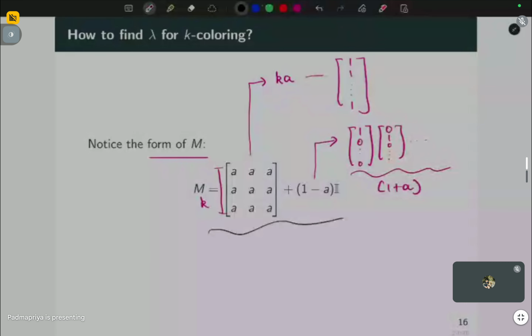So together we have Ka plus 1 minus A as one of M's eigenvalues, and all others are 1 minus A. This is just K minus 1, A plus 1.